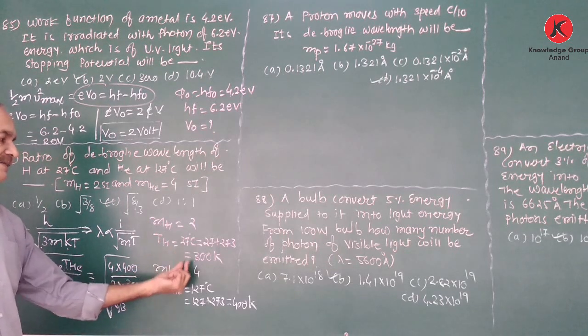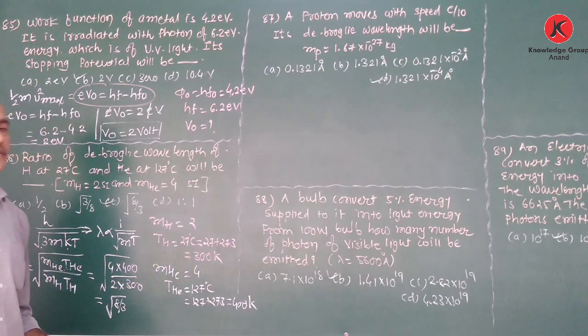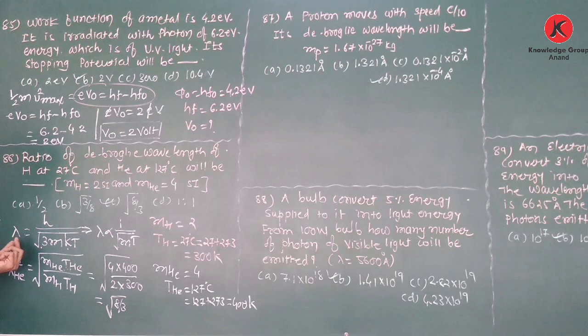And temperature we convert into Kelvin. We know the equation of the de Broglie wavelength of an electron with its Boltzmann constant and absolute temperature. Therefore, lambda is equal to h upon under root of 3mkT, where k is the Boltzmann constant. Here h and k are constant.